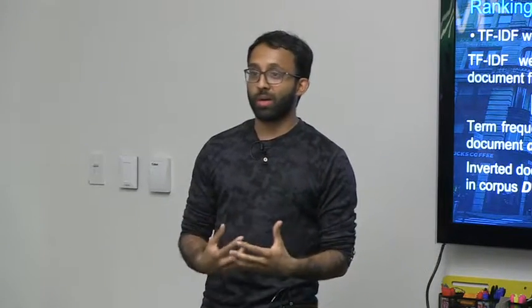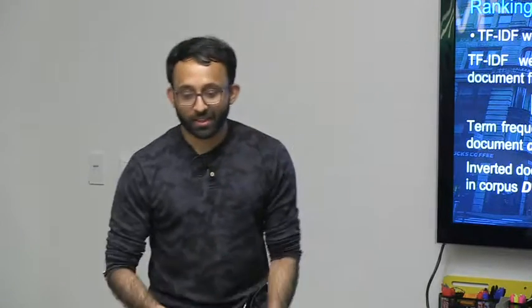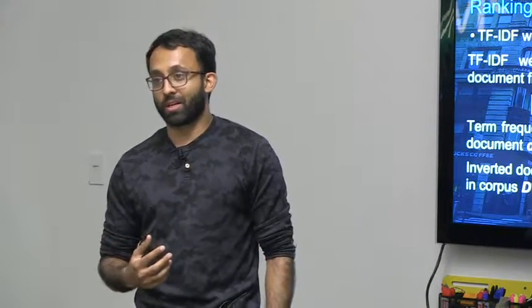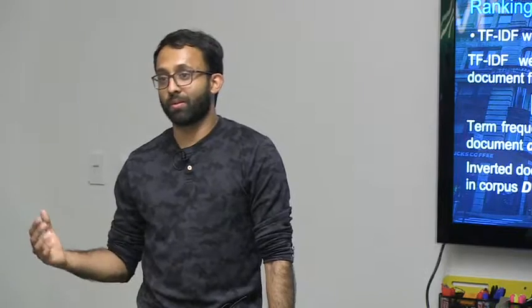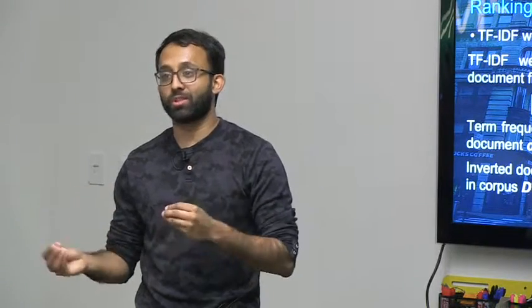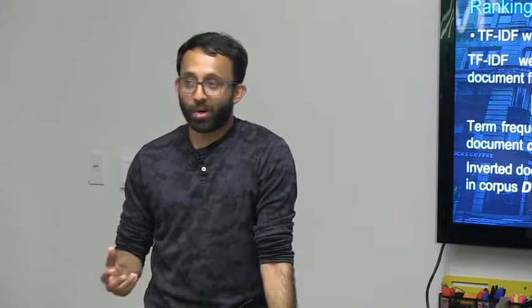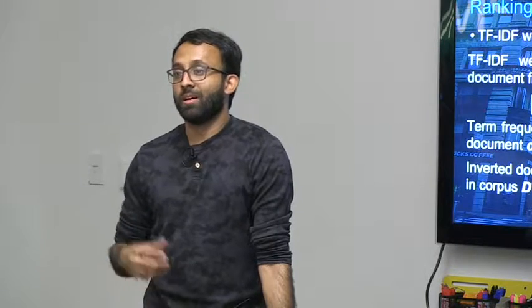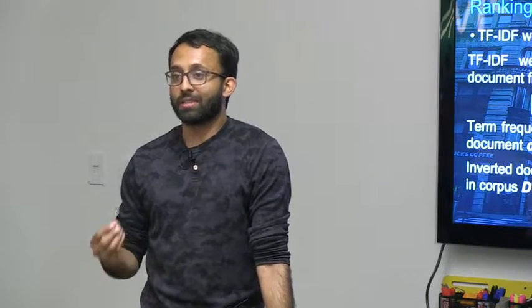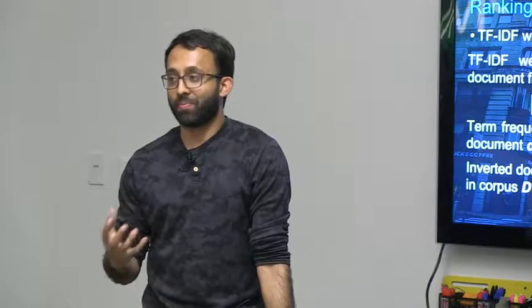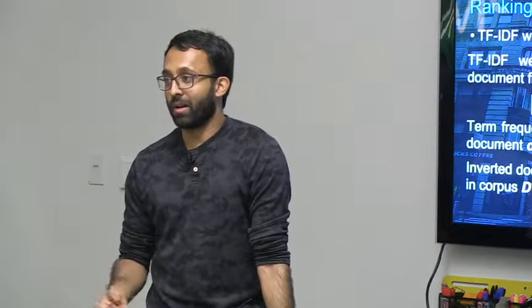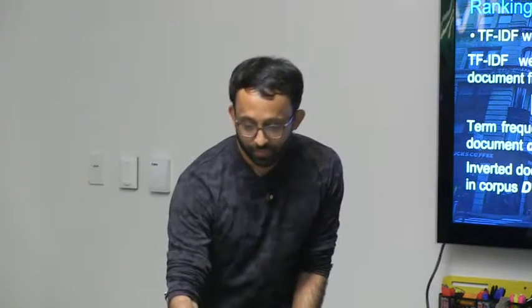So it places a lot more weightage on it. So basically, you're multiplying the term frequency in a given document and the inverse document frequency. How sparse or how popular is that word? The more popular it is across all the documents, that means it might not be as individual or as unique of a word when it comes time to search for it.